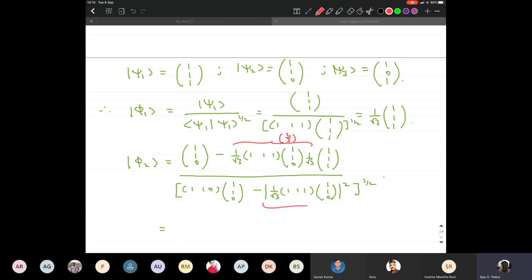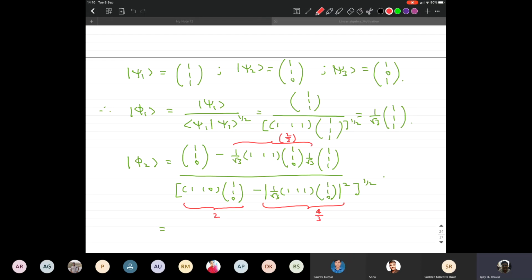So this whole thing is going to lead to 4 by 3. And this one is going to lead to a number which is 2. So 2 minus 4 by 3. So 2 minus 4 by 3 is 6 minus 4 is 2, 2 by 3. So root over 3 by 2 effectively. Root over the entire thing 3 by 2.